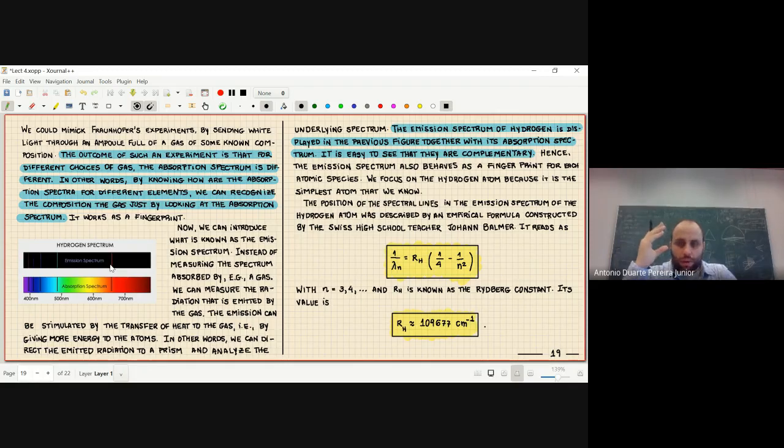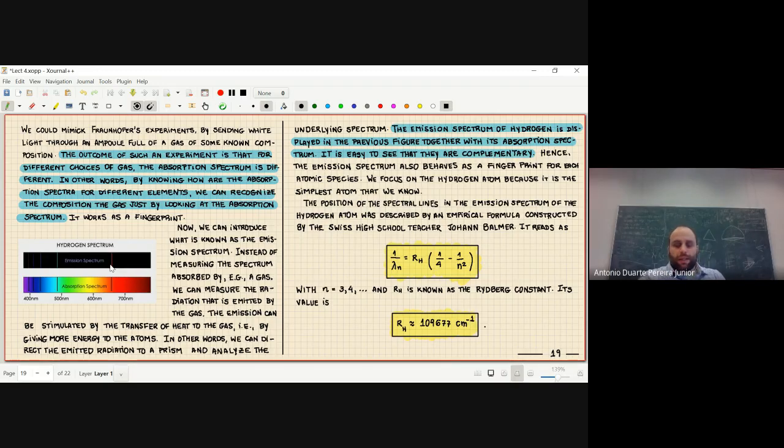How do you explain that a given material just absorbs specific colors of radiation and just emits specific colors of radiation? This is not something that is described by the classical theory. Okay.